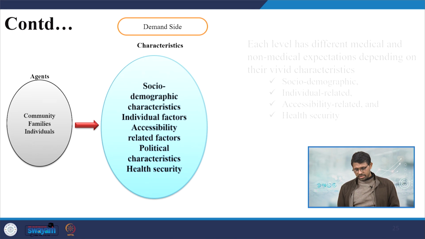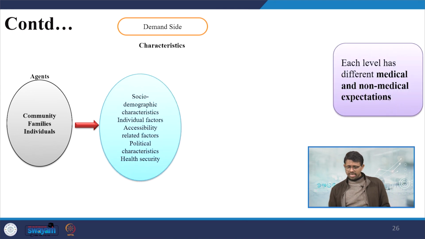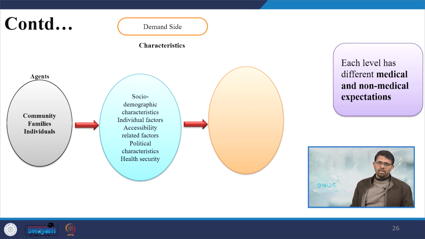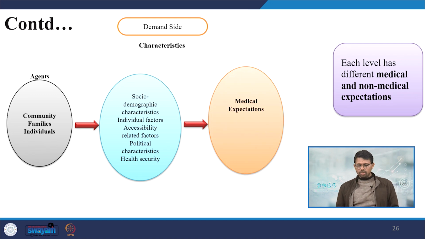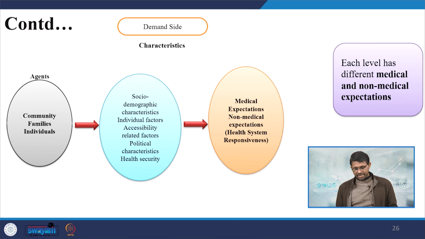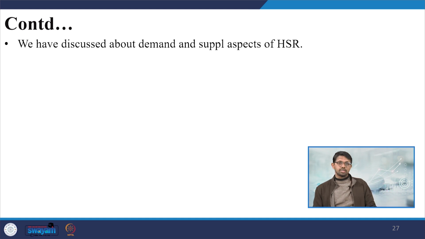So, all those things really matter. So, in the outcome we would have a better quality because it is cross-checked with the demand side. So, medical expectations and non-medical expectations as part of the health system responsiveness are well addressed.